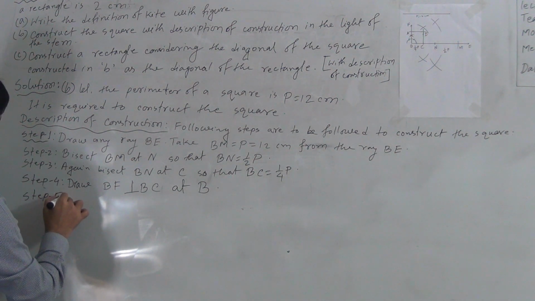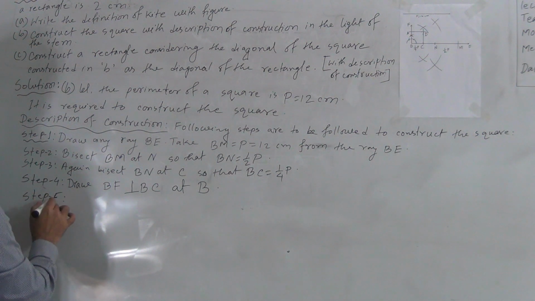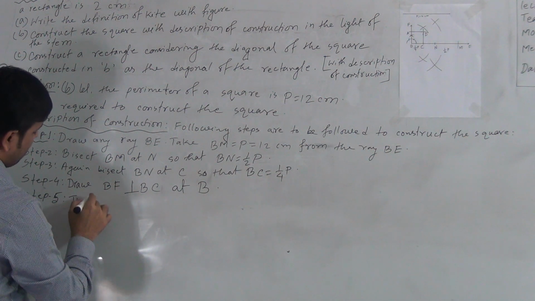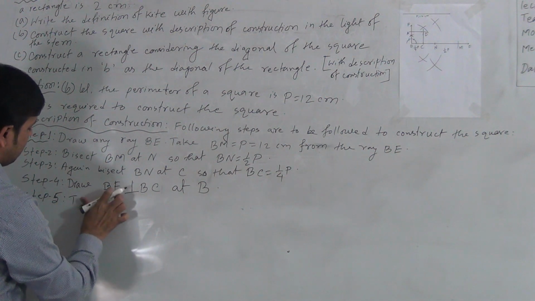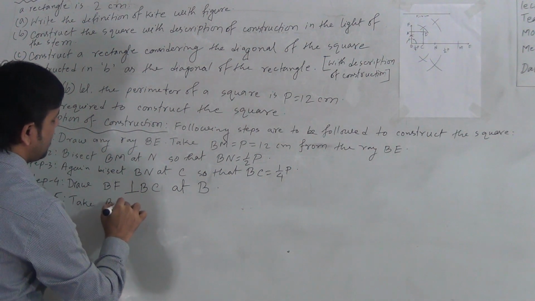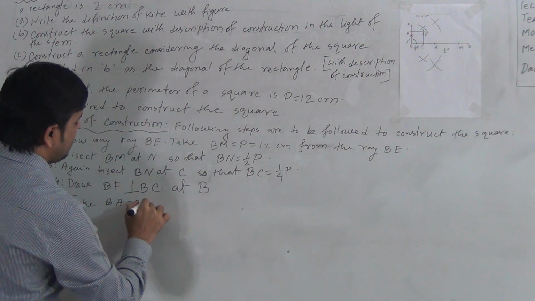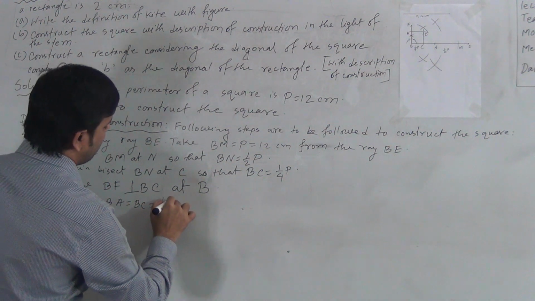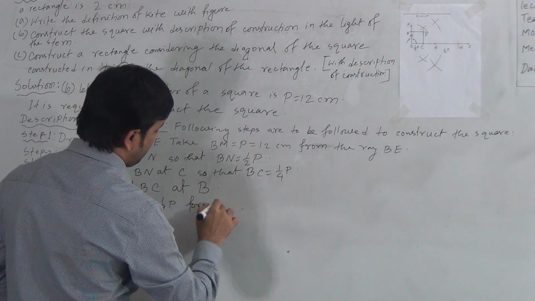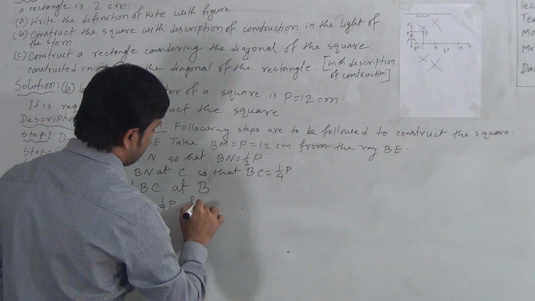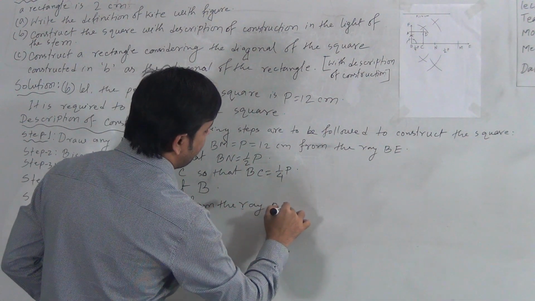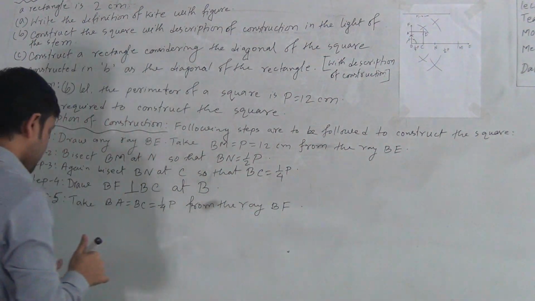Step 5. Take BA equal to BC equal to 1/4 of P from the ray BF.